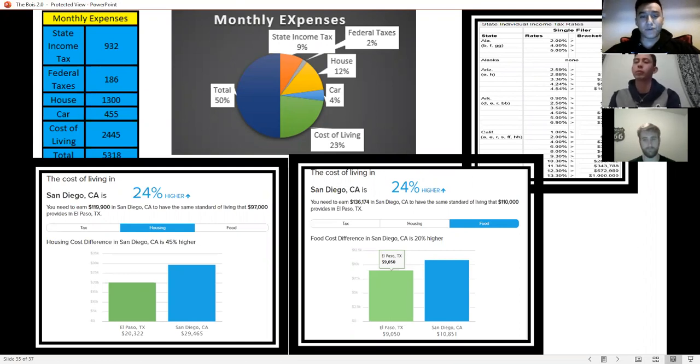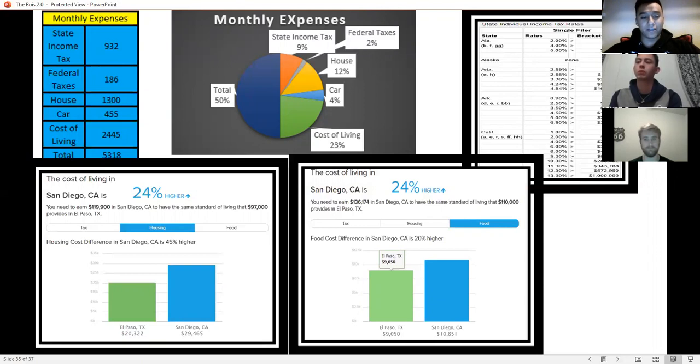For example, I use California since it's a very expensive place. What we're looking at is our monthly expenses. You have to include state income taxes because California has state taxes. Then you have to put in your federal taxes. How much can you estimate paying for a mortgage or renting in this case?